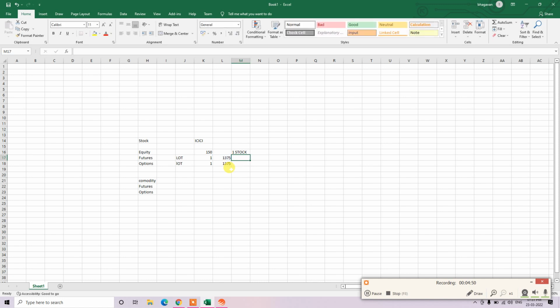2750. So unless you are an expert in equity trading or you become confident in what you are trading in equity, do not go to futures and options. Futures and options have their own benefits, merits and demerits that we will discuss later.